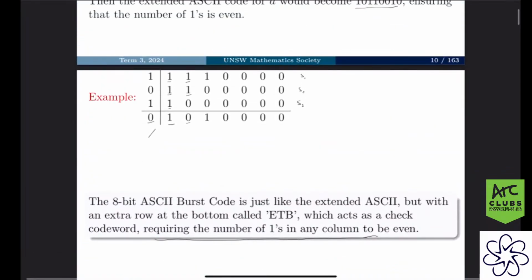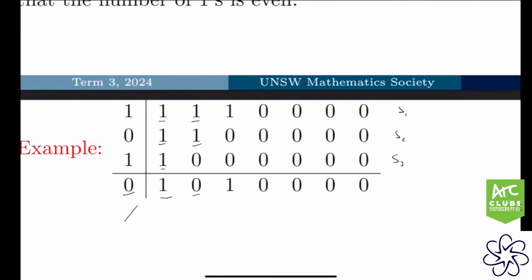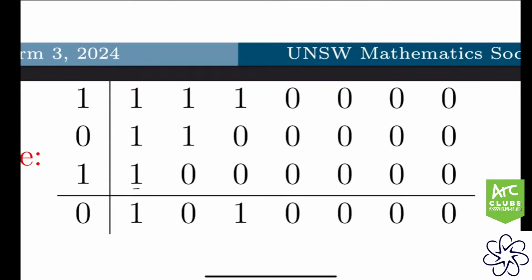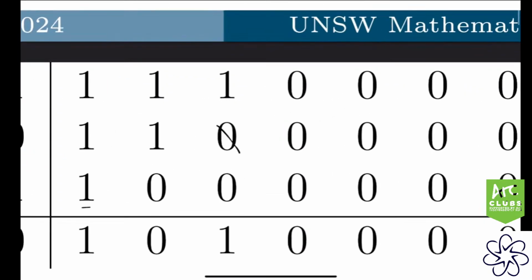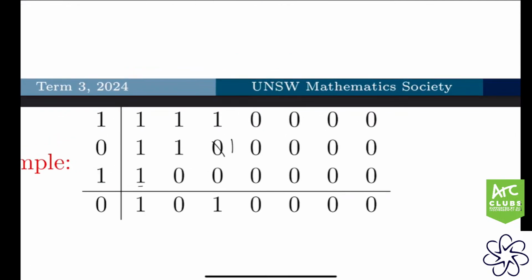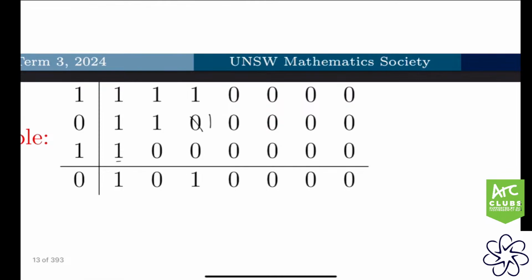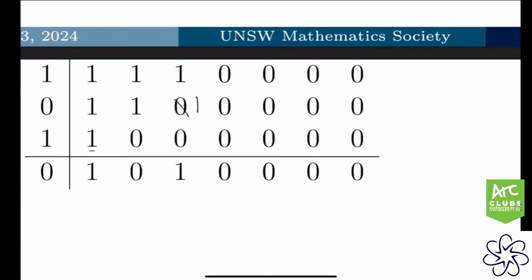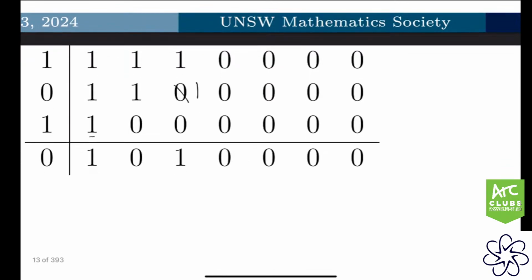A feature of the ASCII burst code is that we can now detect errors. For example, if a cosmic bit flipped and this becomes a 1, we can inspect the parity of each row and each column to detect where the error is. You should be very familiar with this if you did test 1. I think this was a question. So going through each row, we can see, okay, nice, this is even parity that passes our check, which is also called the syndrome, which I'll get to later.